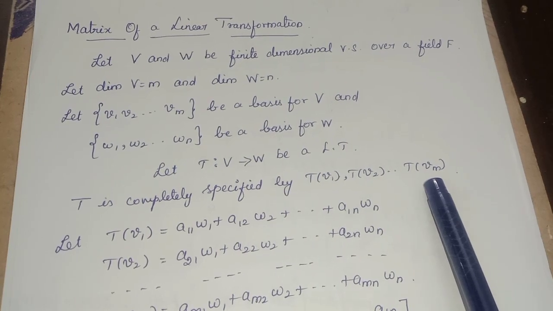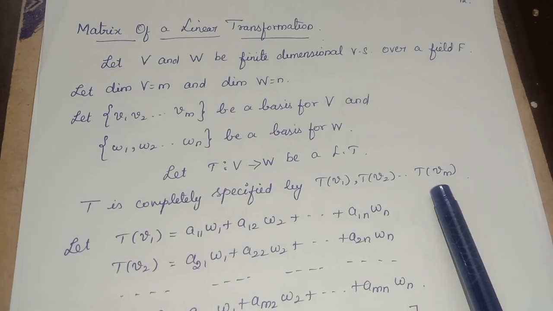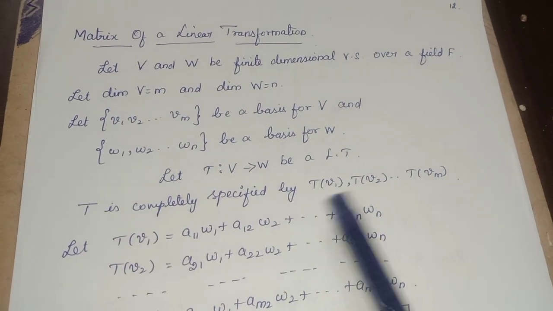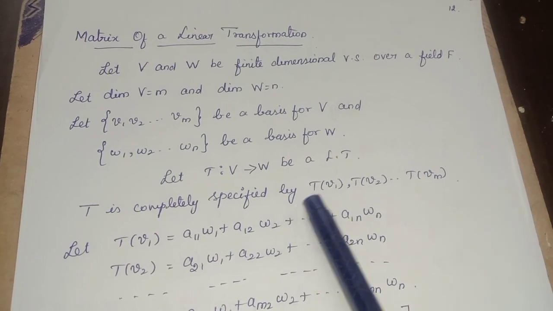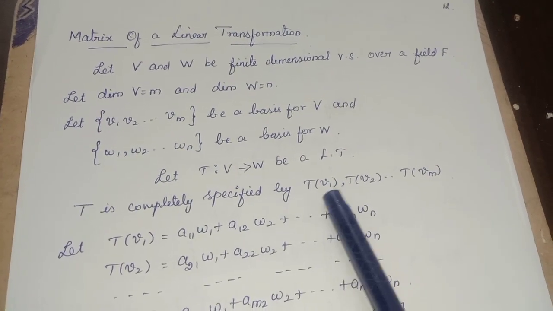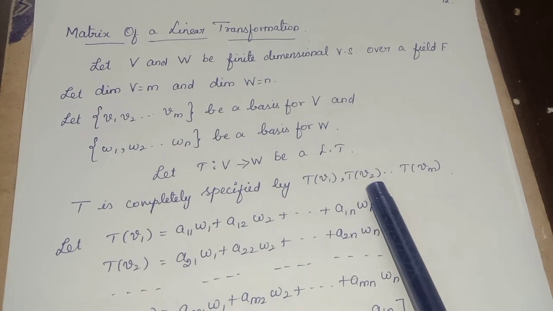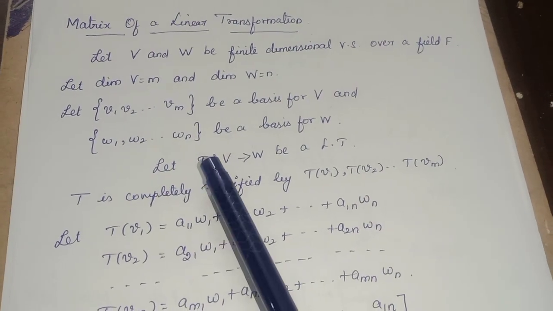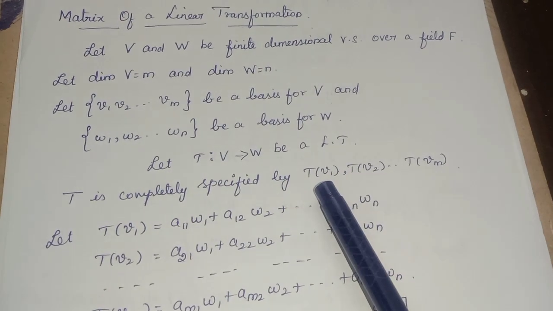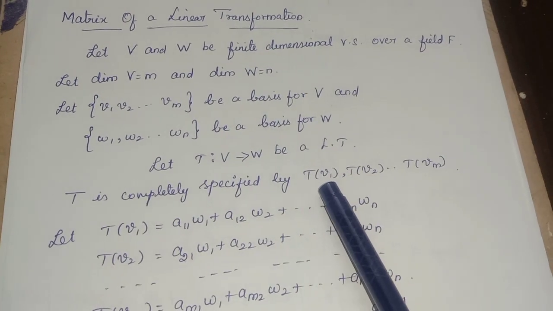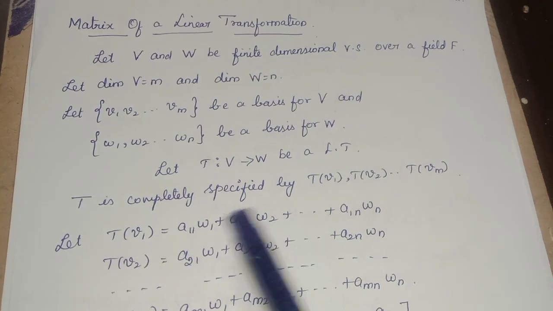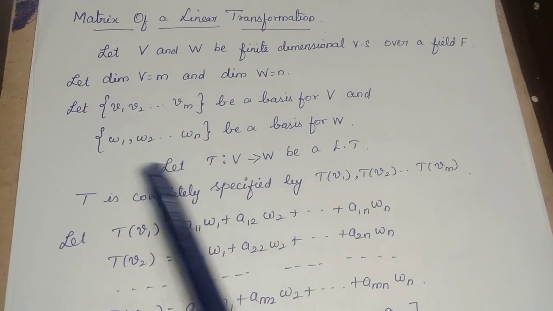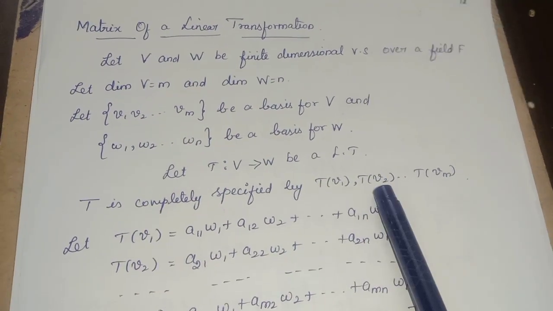In that video itself, I have given one statement that a linear transformation is completely specified by basis of the vector space. Okay, if you want to completely identify the linear transformation, it is enough if you study its basis vectors. So here T is completely specified by T of V1, T of V2, etc.